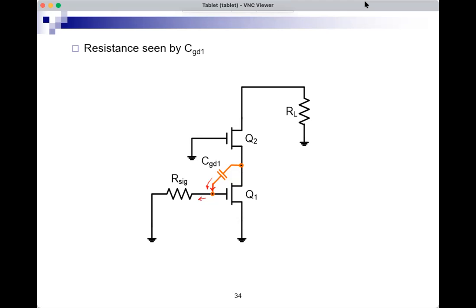So to do this parallel with this, and therefore just R sig because there's no input resistance at the gate of Q1. And then the resistance here, looking like this, would be this, parallel with this. And we already calculated that when we did the output capacitance. So we have an answer for that. We know what is the value here.